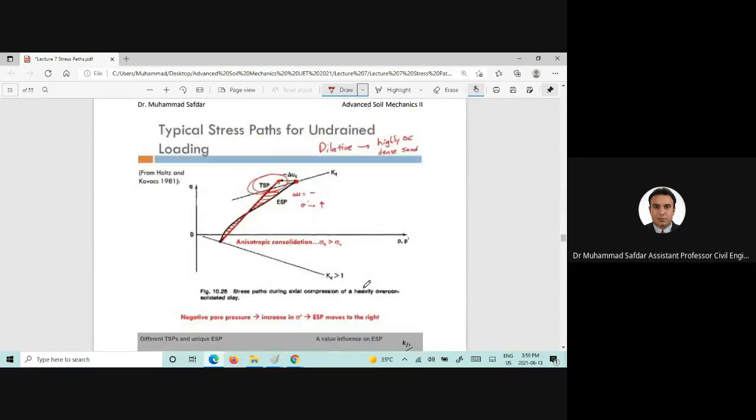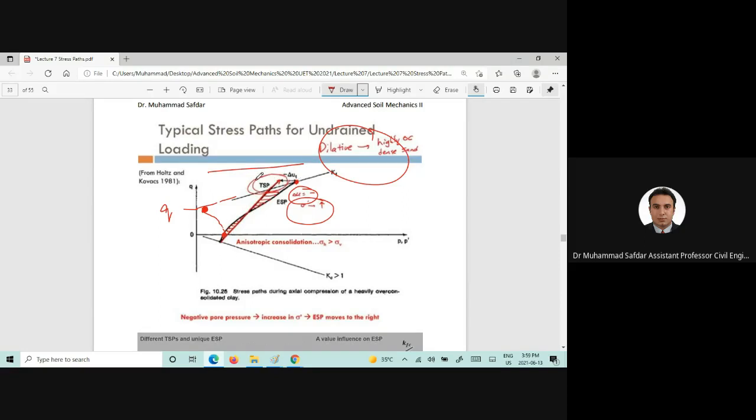That explanation is also provided here, that for highly over-consolidated clays, you will have a negative pore water pressure and the effective stress will increase. And you can clearly see that if we were having a normally consolidated clay, it would have reached failure at a much lower level of q.